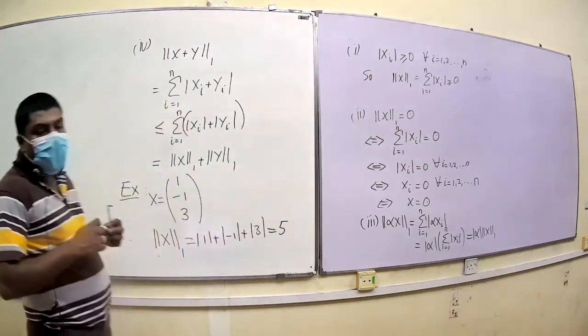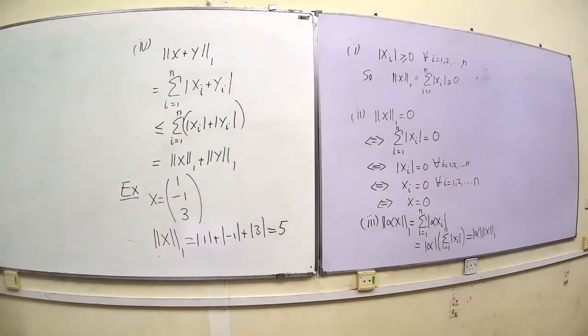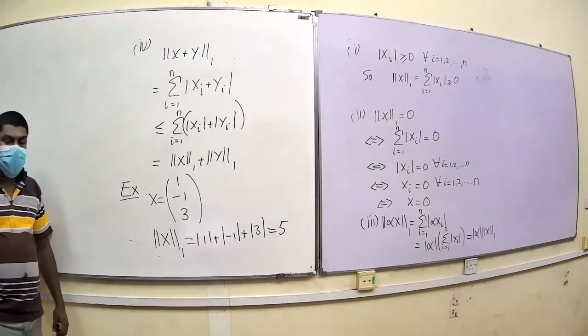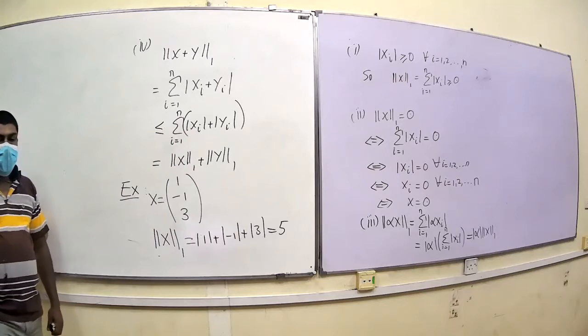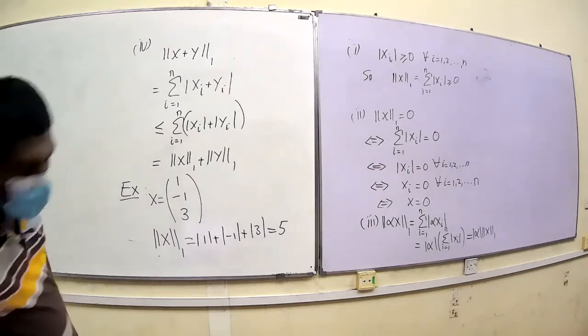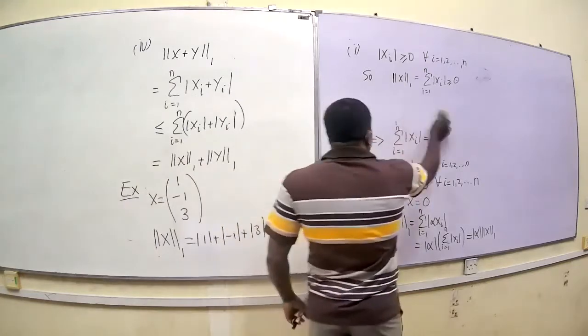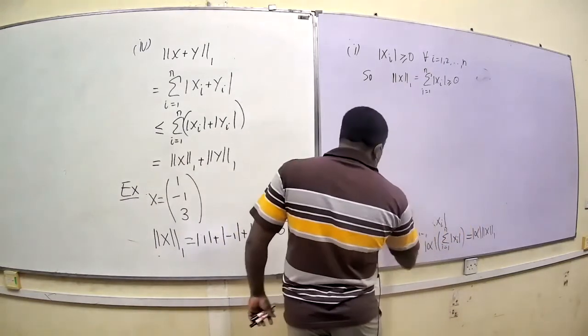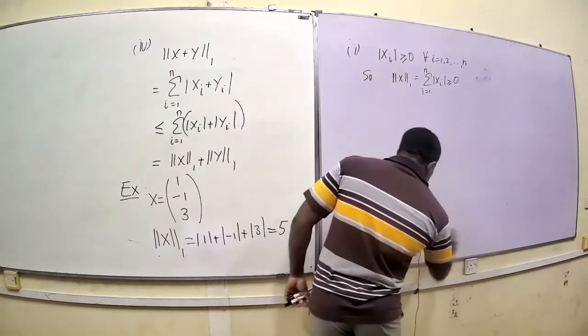So this is the one norm, or L1 norm. Simply we say one norm, two norm, infinity norm, P norm, right? So in general, you can see this as the L1 norm: take the absolute value and sum them together. Similarly, there are other types of norms as well. So now let me define the norms, not to prove them, but to use examples.